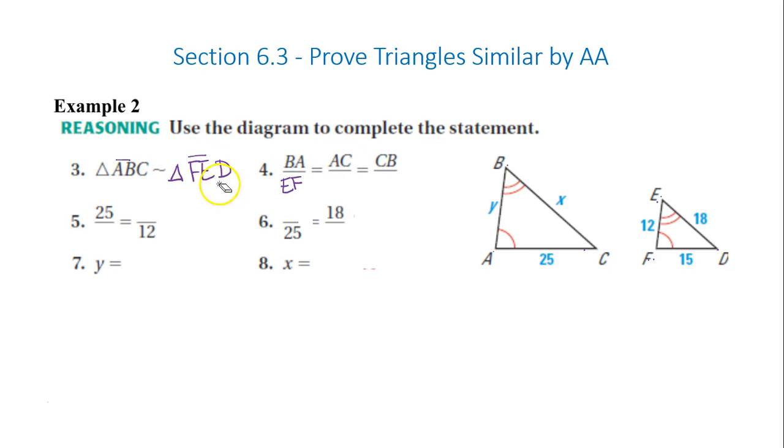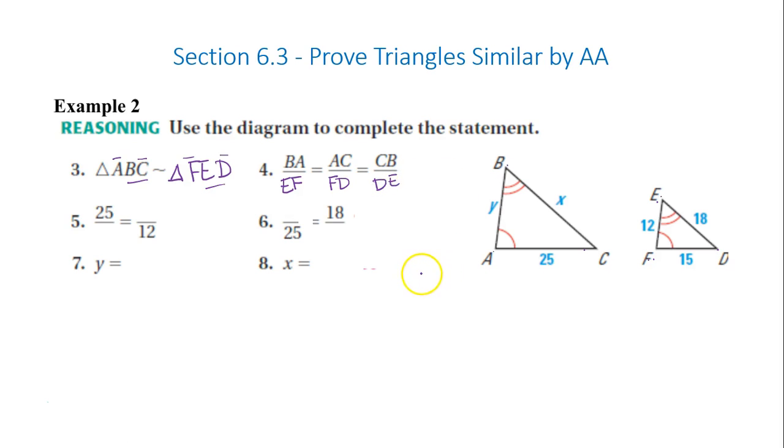AC, these last 2 letters correspond to F and D. So write that down, FD. And then CB, let's write it like this. CB and DE correspond to each other. So DE, and we're done with that one.